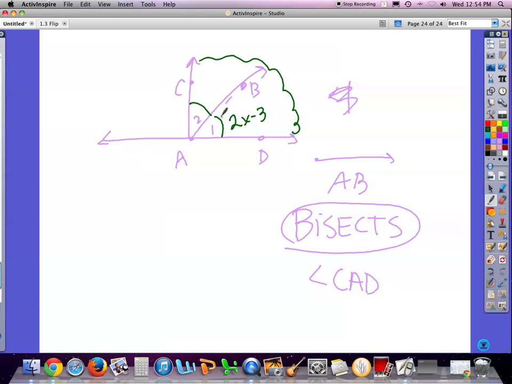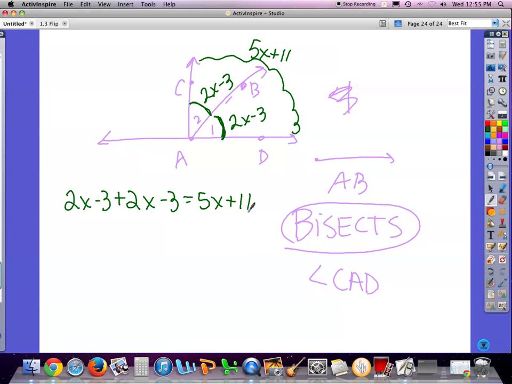So when I see bisect, I put my little mark in there to say angle 1 is congruent to angle 2, and right away I can write 2x minus 3 over here. Then they usually have a total, like 5x plus 11. If that's the case, you write 2x minus 3 plus 2x minus 3 equals 5x plus 11.